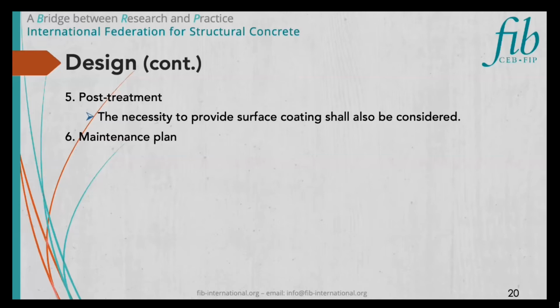The surface coating is also effective to maintain the alkalinity in the concrete after the application of realkalisation, even when the concrete surface is exposed to the rainfalls. The maintenance plan must be prepared beforehand.